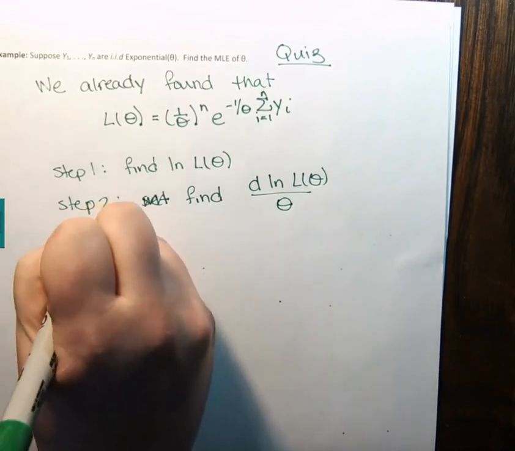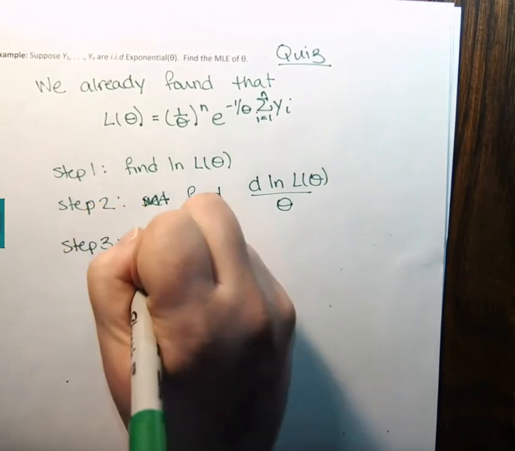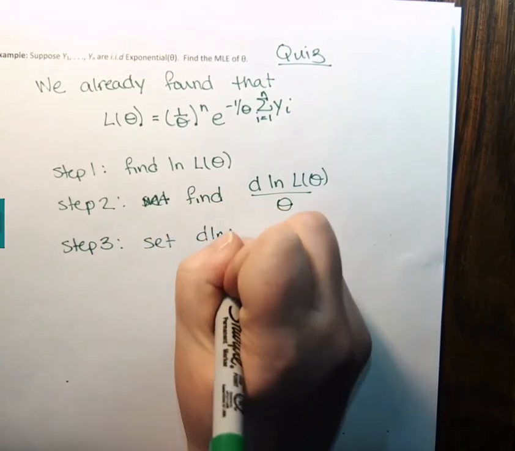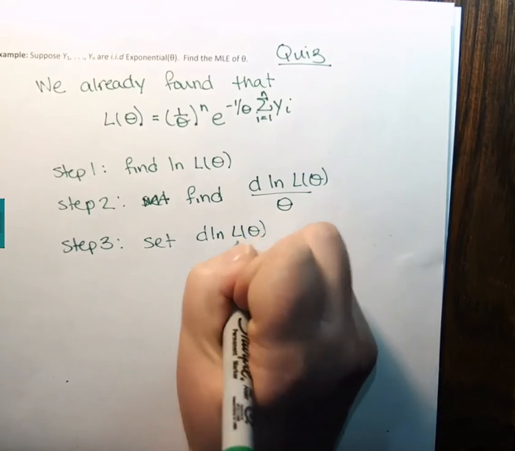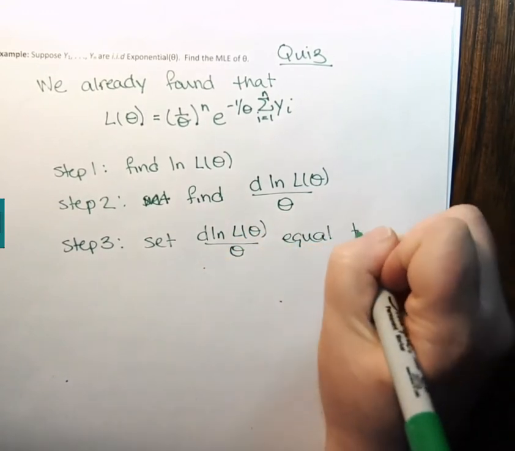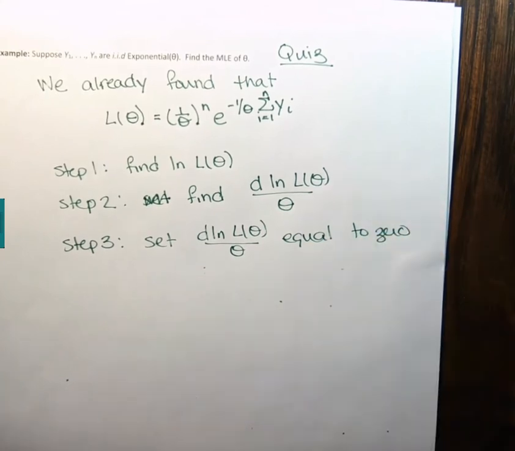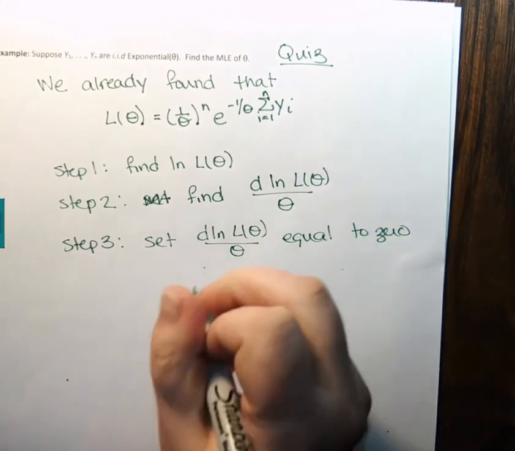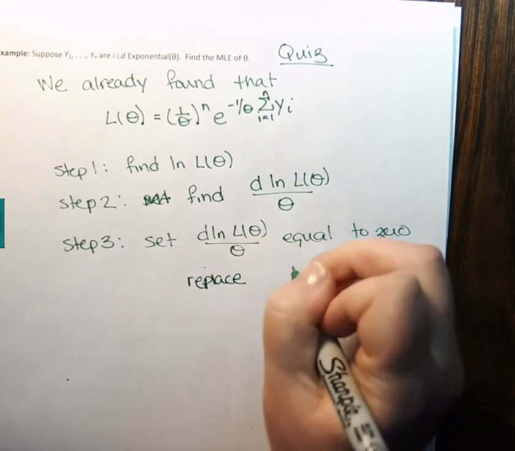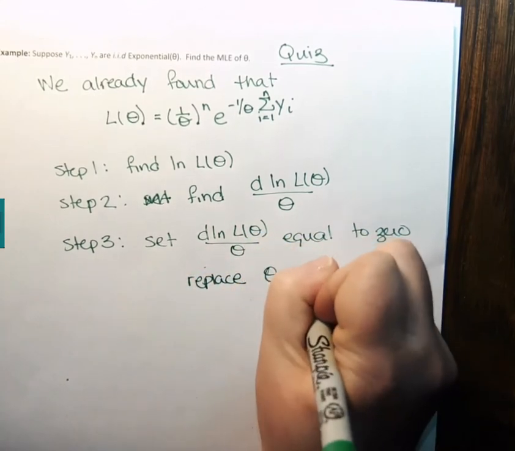And then step 3, you're going to set that derivative that you found equal to 0. And once we set it equal to 0, what we're going to do notationally is replace theta with theta hat.